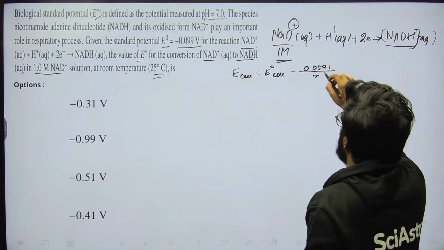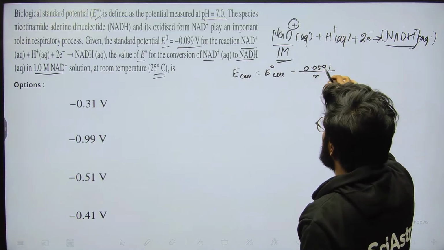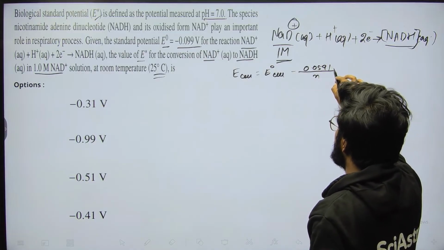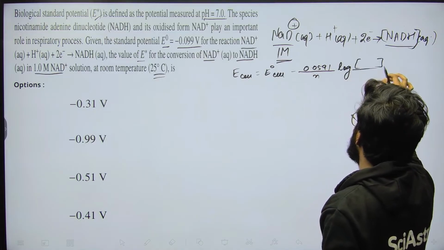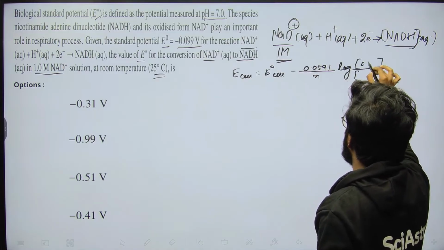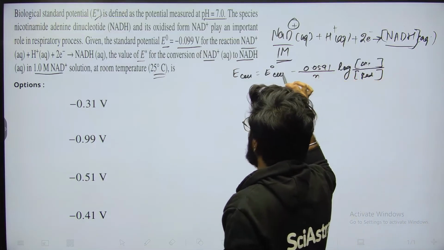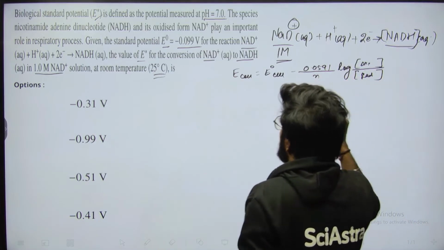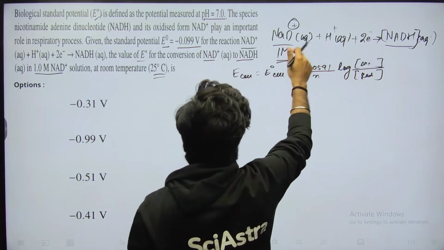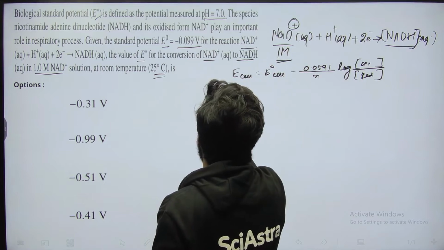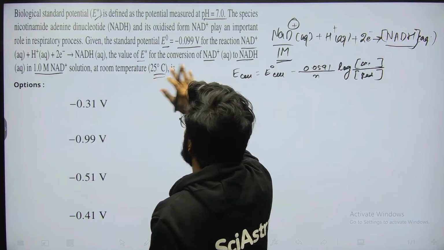Since the temperature is room temperature, 25 degrees centigrade, we can simply use this formula, 0.0591 upon n log of oxidized form concentration upon reduced form concentration, as per the reaction. Now applying this equation to the half cell reaction mentioned above, this E cell is actually E star here, the biological cell potential.